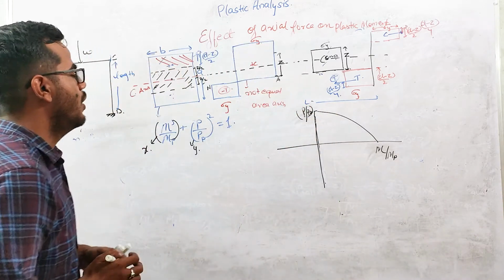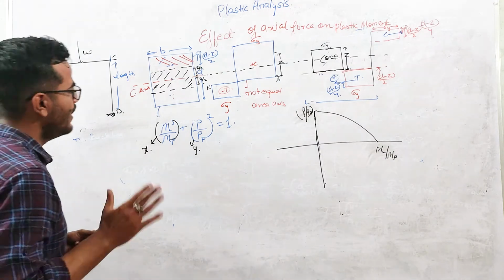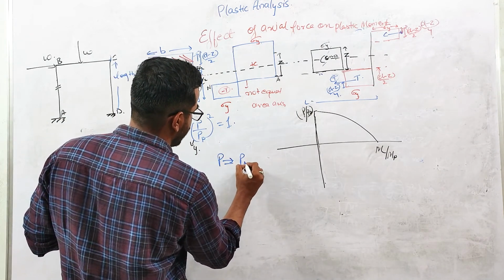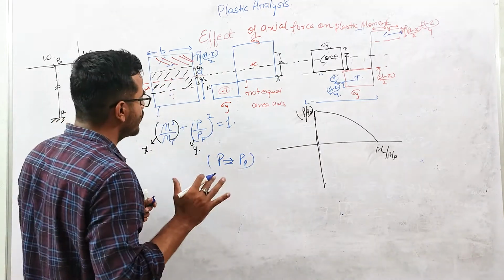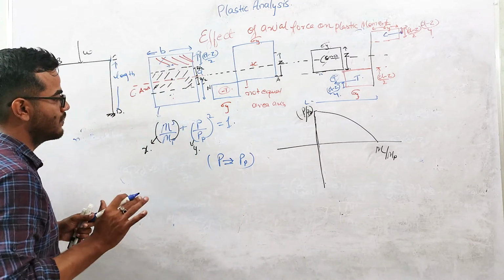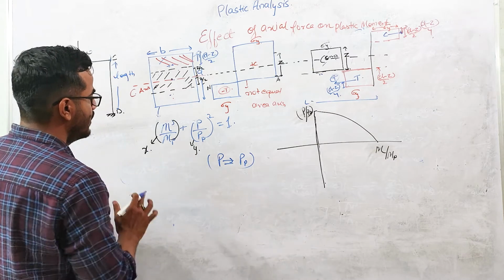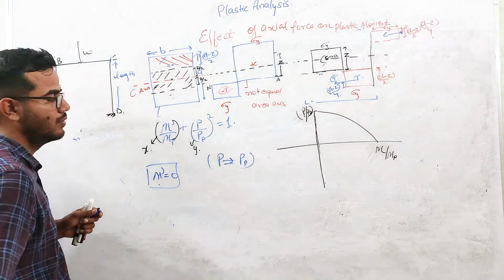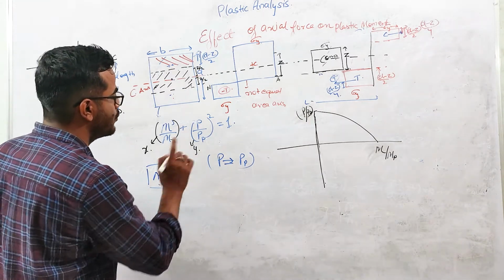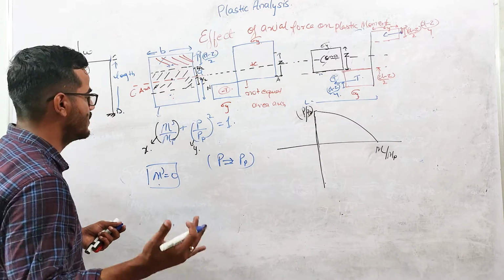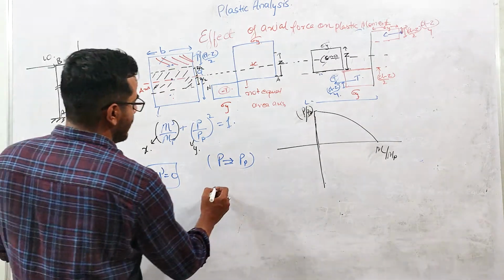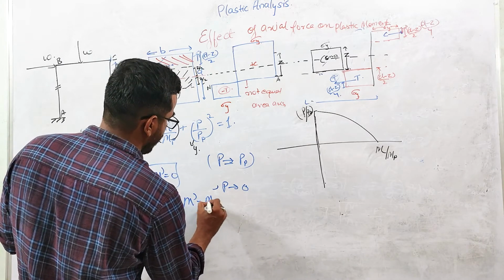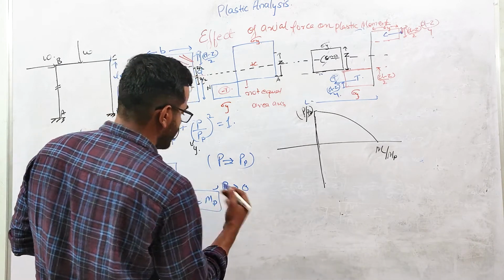Now you can see that when this P load is equal to Pp, which means your whole cross section is yielded due to this axial load, then M' value will be equal to 0. Because the whole cross section is yielded due to axial force, there is no use of plastic moment. Similarly, if P tends to 0, then M' will be equal to Mp, and this we assumed while solving our problems.